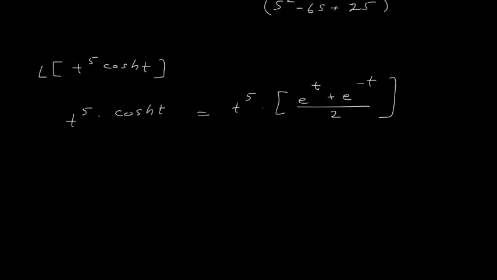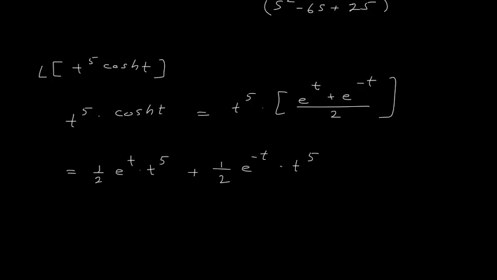So my problem simplifies to 1 upon 2 e power t into t power 5 plus 1 upon 2 e power minus t into t power 5.